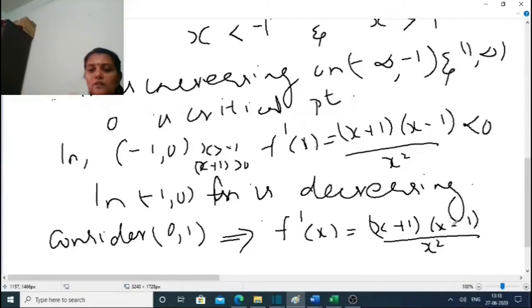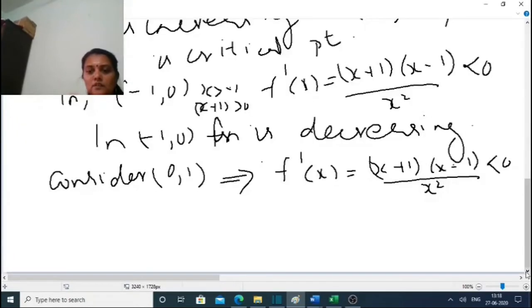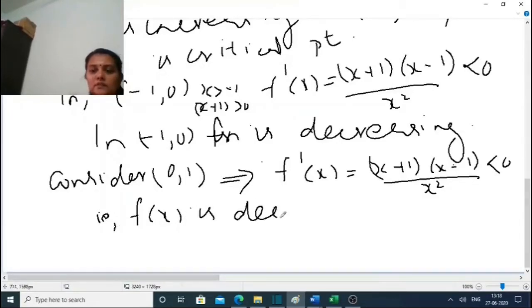Let's take 0.5. The first value is greater than 0, the next value is less than 0. So here also this is less than 0. So f of x is decreasing in (0, 1).